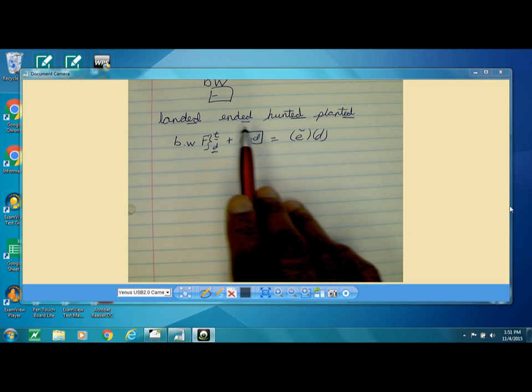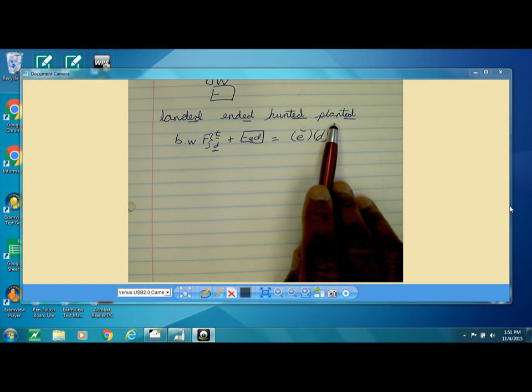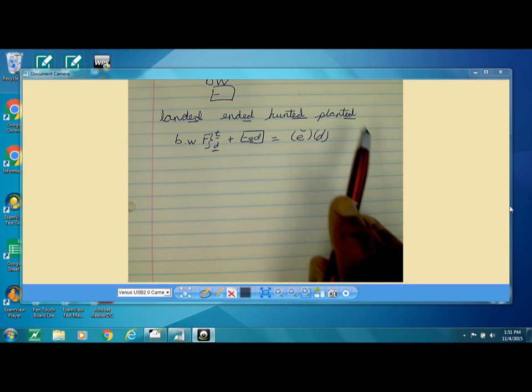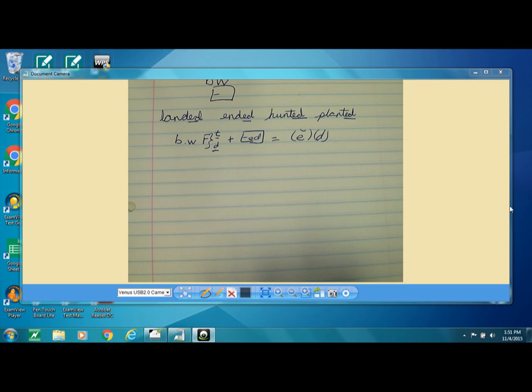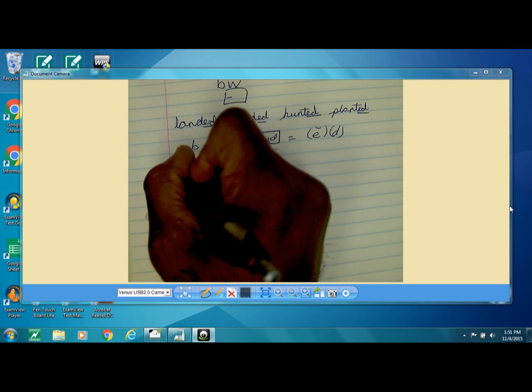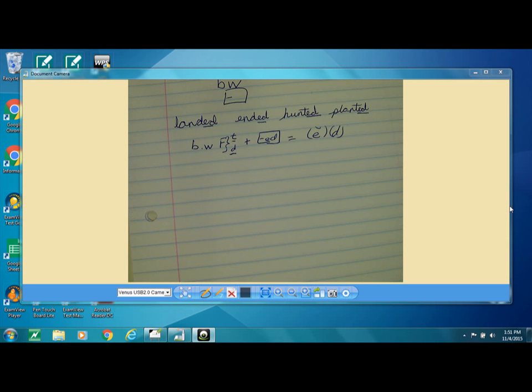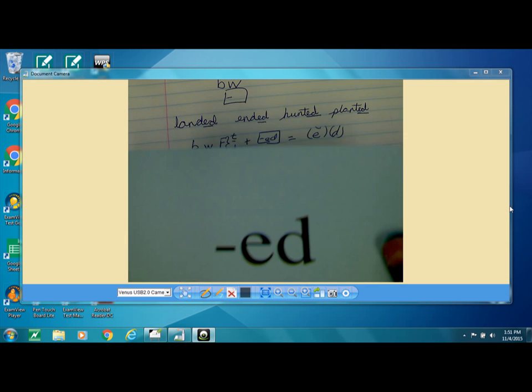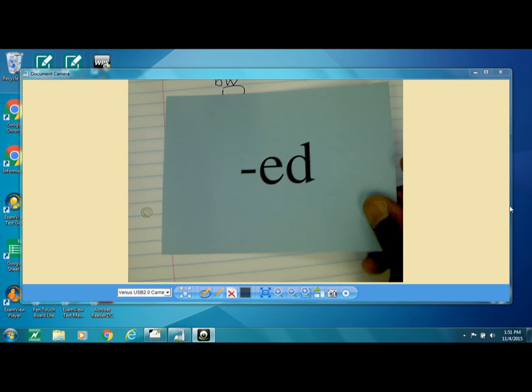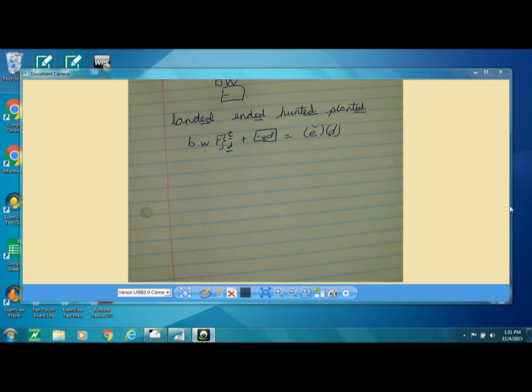That means you put them in the past. So suffix ed on the end of a verb means in the past. Okay? So suffix ed means in the past.